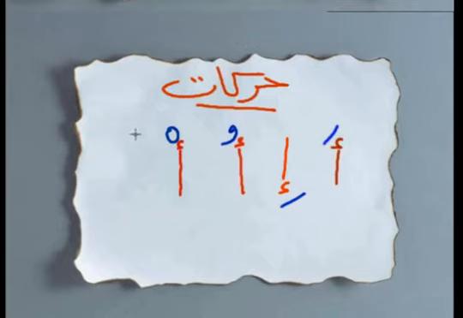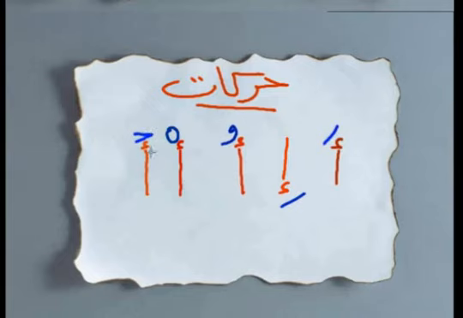Both of these do the same thing. That other symbol is what you'll generally find in the mushaf, the Qur'ans that you read, the Uthmani script. So they're two different symbols, but they do the same thing.